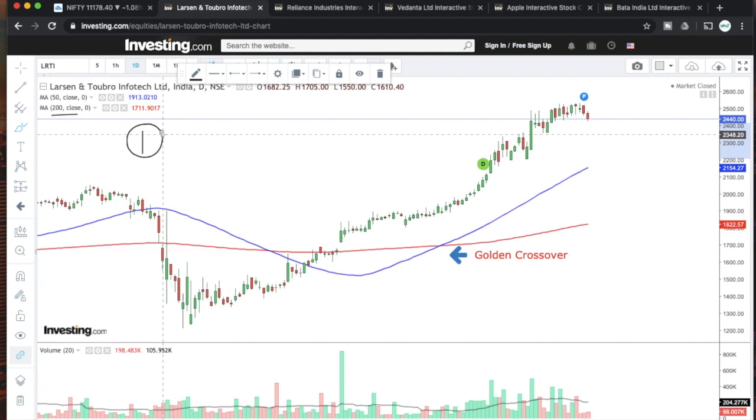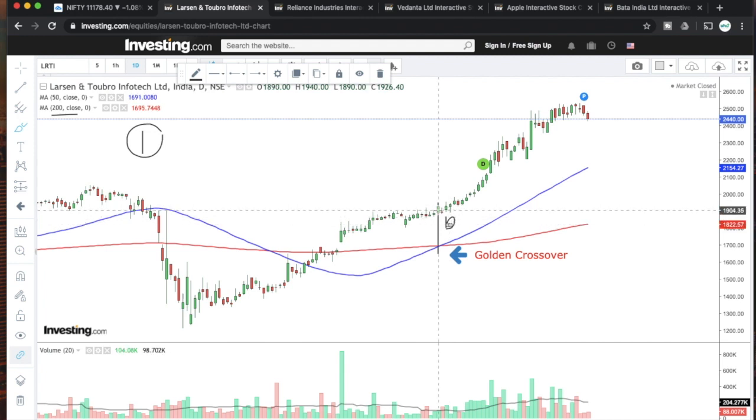What does that mean? It's very simple. Whenever you see a golden crossover happening on the charts, just ride the wave. That means try to get a little bit of correction from the price and just buy the stock. Buy the stock, have a big stop loss. Probably I don't have a stop loss when I'm trading a golden crossover if I'm riding the wave for the long term.